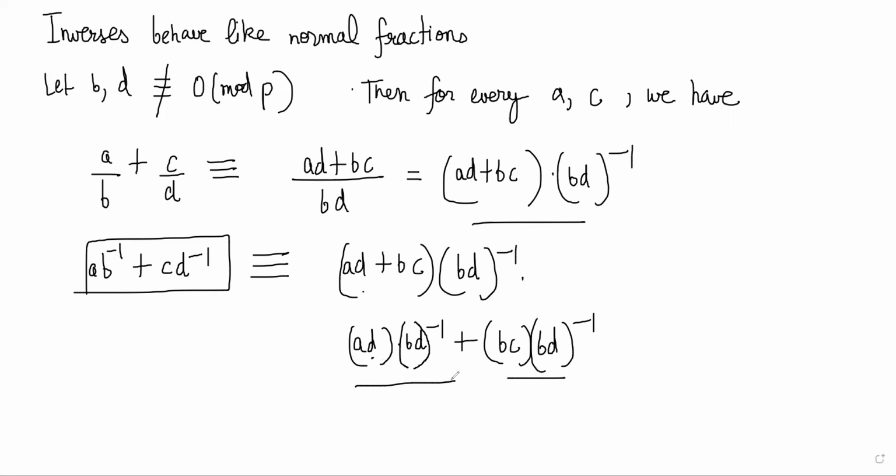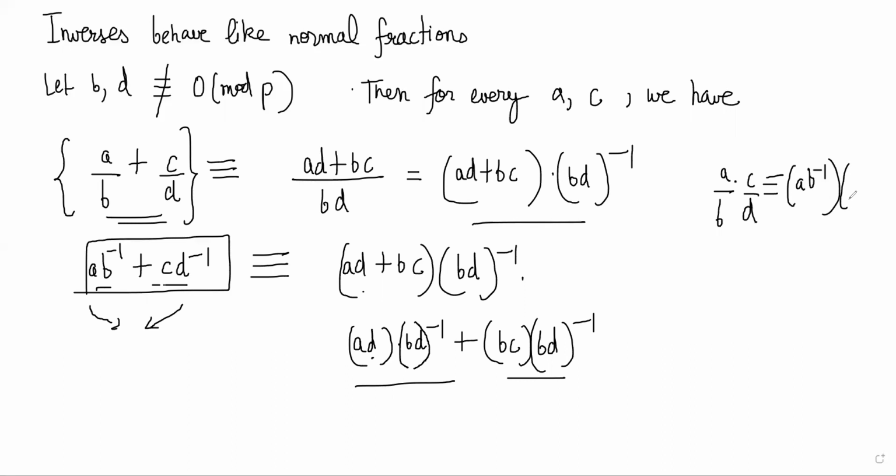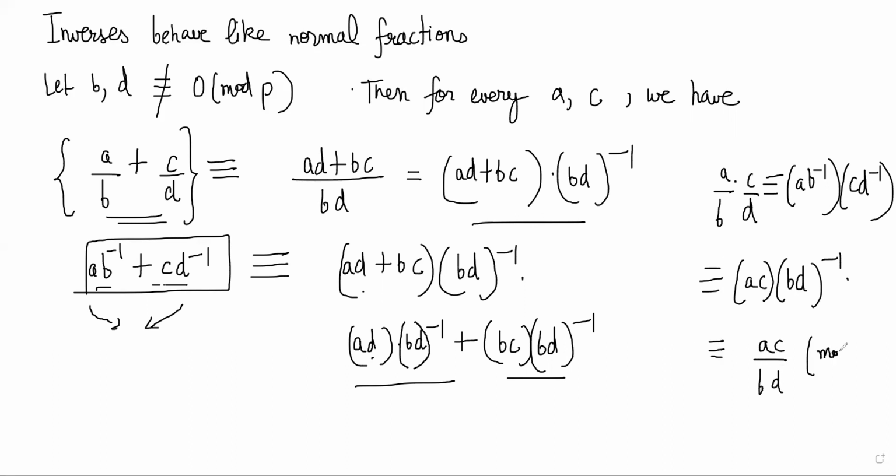So actually you can just add it like a fraction, even though what you mean is a into b inverse plus c into d inverse. Similarly, you can multiply like a fraction. a by b into c by d is the same as ab inverse multiplied by cd inverse, and that is the same as ac multiplied by bd whole inverse, or ac by bd mod p.